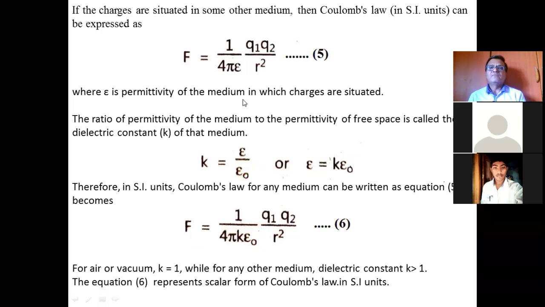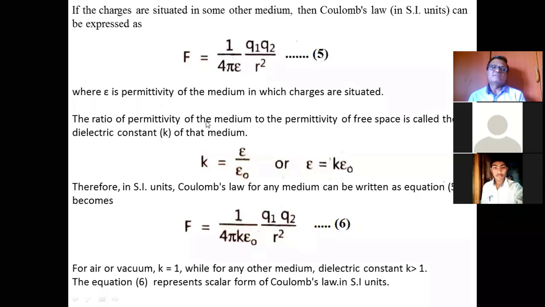It may be a water medium, a glycerin medium, or any other medium, and the value of epsilon is different for different media. Then F is equal to 1 upon 4 pi epsilon q1 q2 upon r square. This is equation number 5.